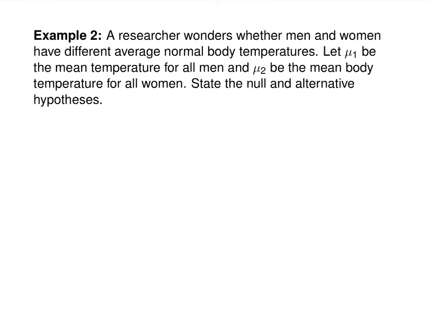A researcher wonders whether men and women have different average normal body temperatures. Mu1 is going to be the mean temperature for all men, and mu2 is the mean temperature for all women. So H naught, nothing going on, is that there's no difference in average body temps.